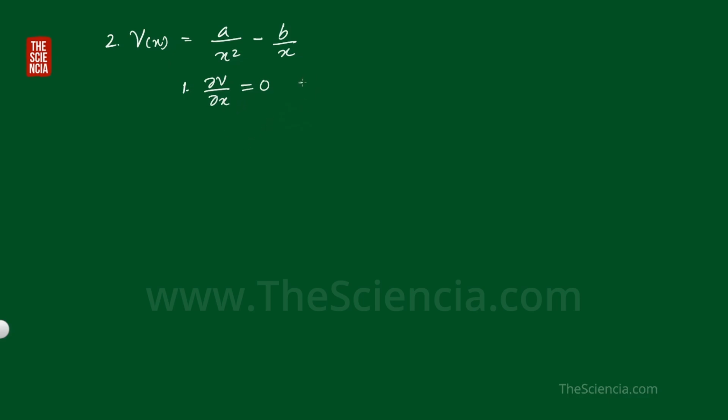That is ∂/∂x of (a x⁻² - b x⁻¹), which equals -2a x⁻³ + b x⁻². We equate this value to 0.